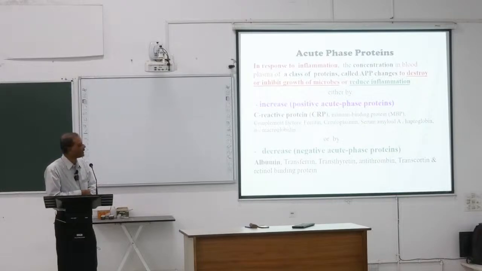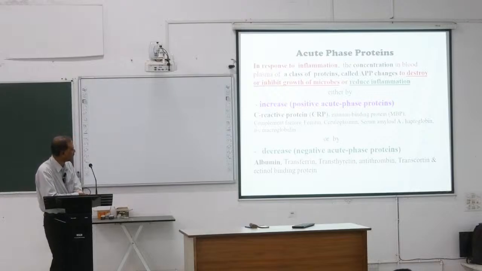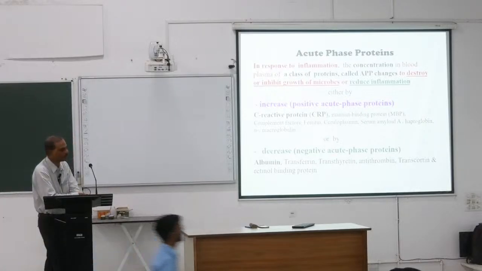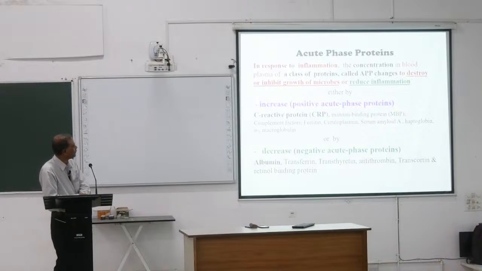When it increases, that is called an acute phase protein, and C-reactive protein you will do in almost every case to monitor the progress of the disease, whether the patient is responding to treatment or not. There are other complement factors and acute phase proteins, but these are not really done; they are done for some other purposes, but these levels are also increased. In contrast, there is a decrease of some proteins. The most important is albumin, which I have also told you.